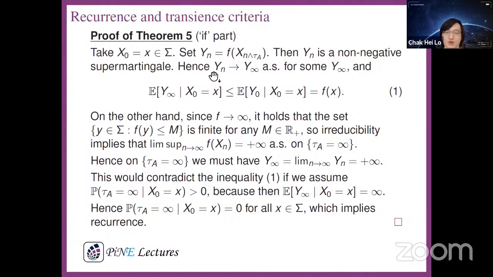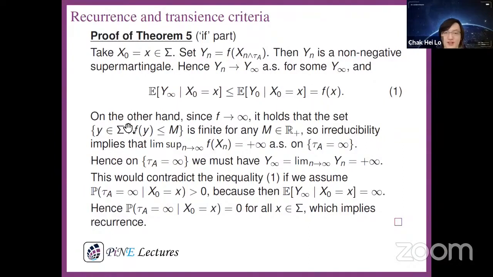So by the theorems in the martingale background, we see that Y_n converges to Y_∞ almost surely for some Y_∞, and we have that the expectation of Y_∞ given the starting point is less than or equal to the expectation of Y_0, and Y_0 is just f(x) by definition.